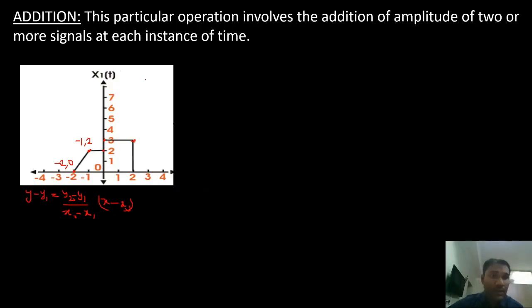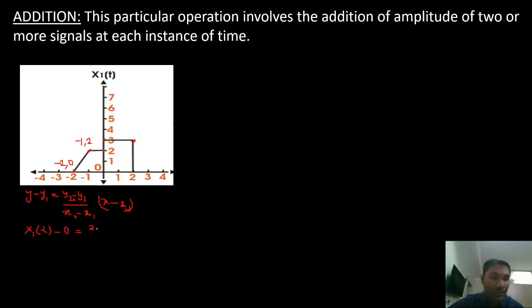So what is y here? y is on the y-axis, we have x1 of t. So x1 of t minus y1. This is x1 y1 and x2 y2. So y1 is 0, y2 is 2.